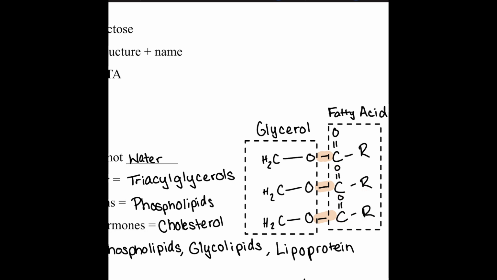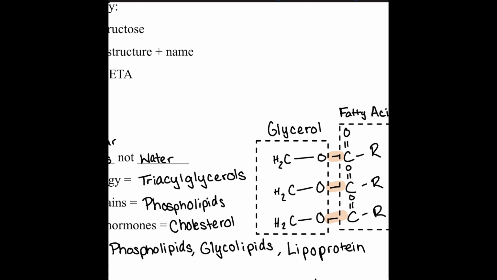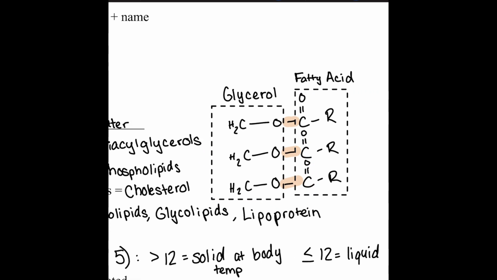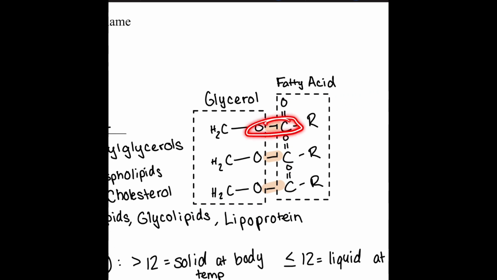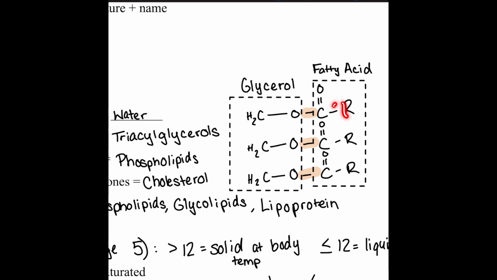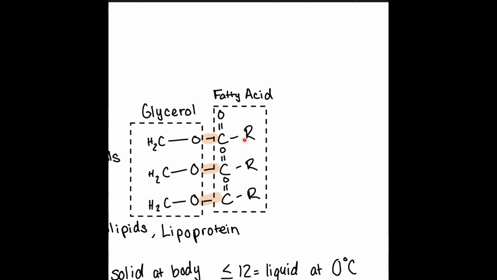So tri meaning 3, acyl referring to the functional group making up this molecule, and glycerol referring to the backbone that is bonded to these fatty acids by ester bonds. So these ester bonds are going to be between the oxygen of the glycerol and the carbon doubly bound to oxygen part of a fatty acid. And remember, R just means anything, so these fatty acid chains are these long carbon-hydrogen chains.